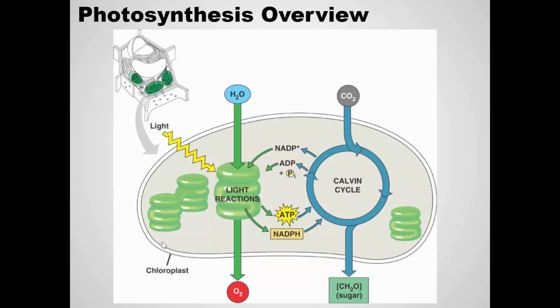What happens to ATP after the energy's been used? Yeah, it turns into ADP. And what happens to NADPH once the energy is used? NADP. So you can imagine these molecules as sort of batteries. The batteries are charged in the light-dependent reactions, and then the energy is used in the Calvin cycle. And then the batteries are sent back to the light reactions to be recharged, and that process repeats over and over again.